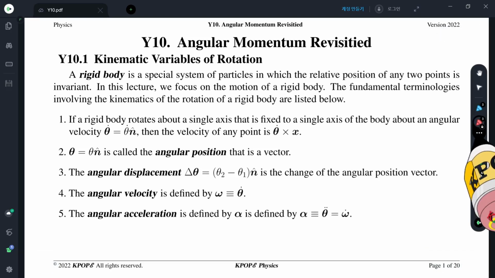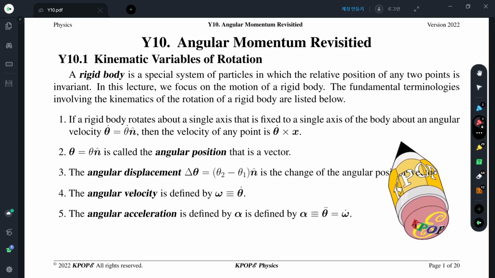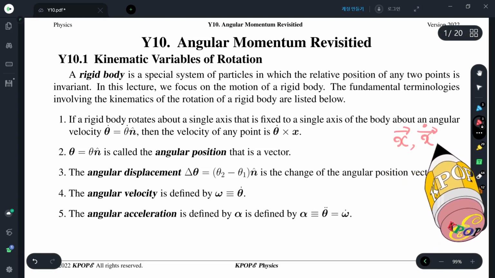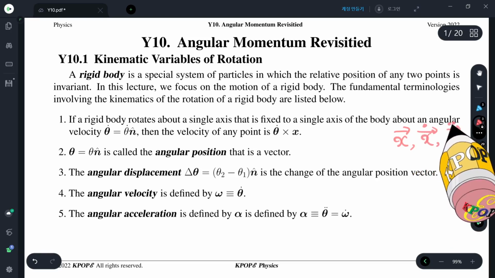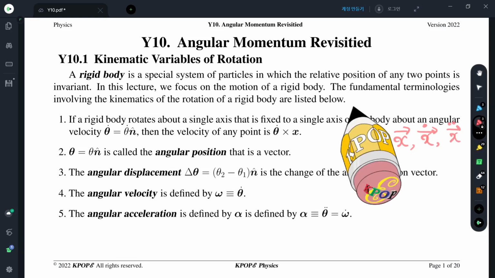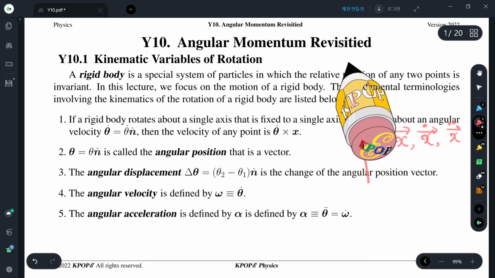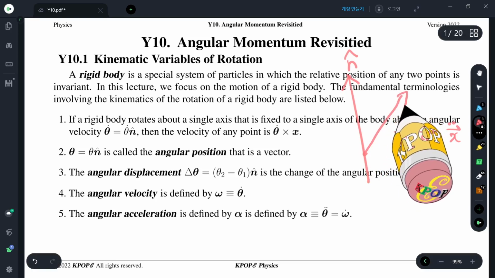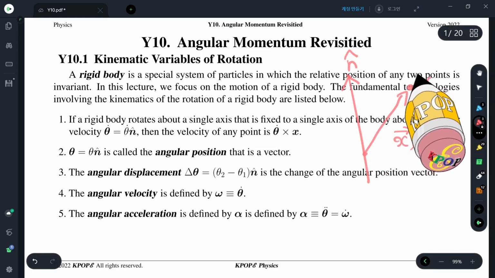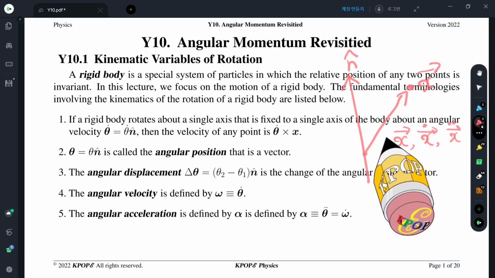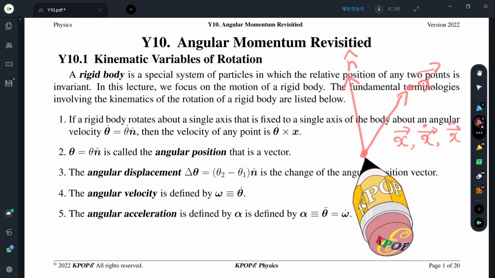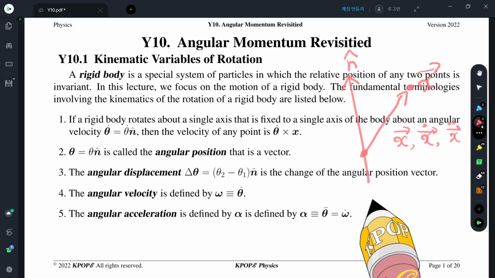Kinematic variables of rotation. In the linear motion, we use x, velocity as a derivative, and acceleration as a double time derivative of position. In here, when we consider rotation, there is an axis of rotation along a unit vector n hat, and a particle has a position vector x whose tail is at a single point along this axis.